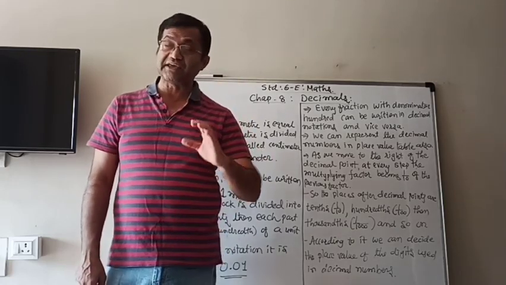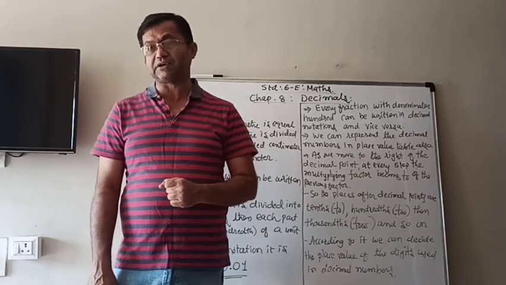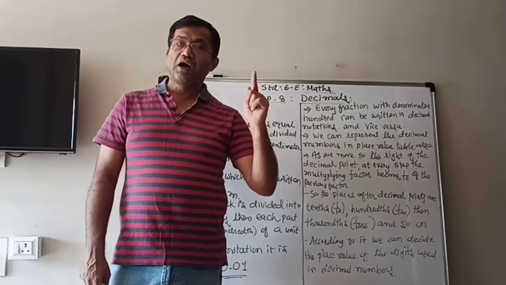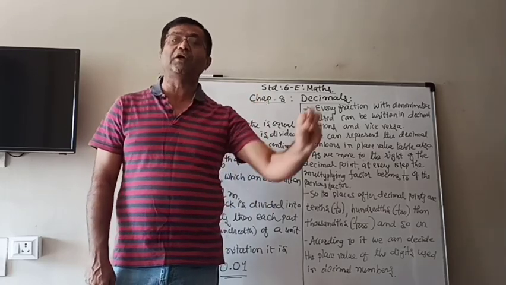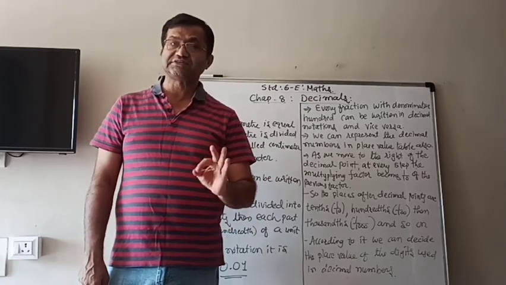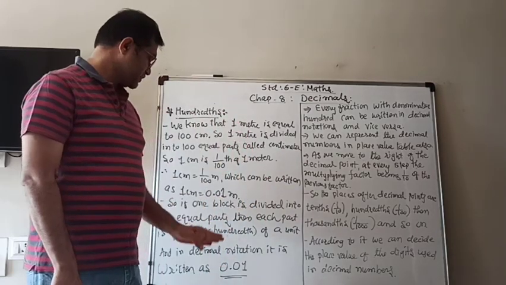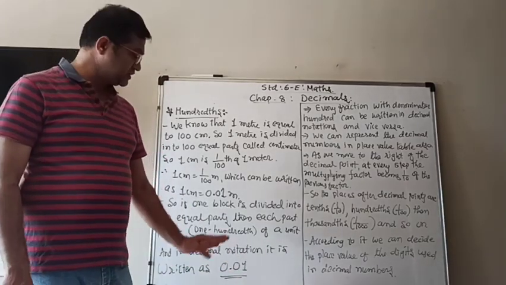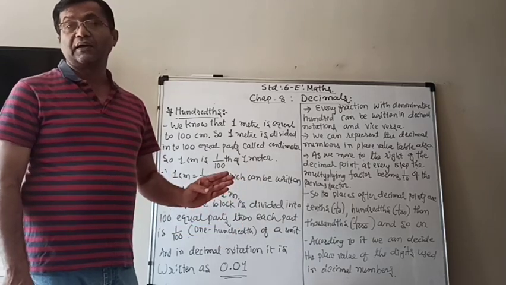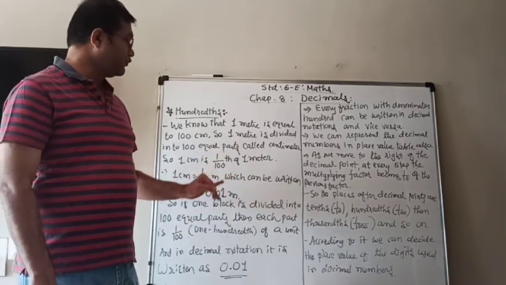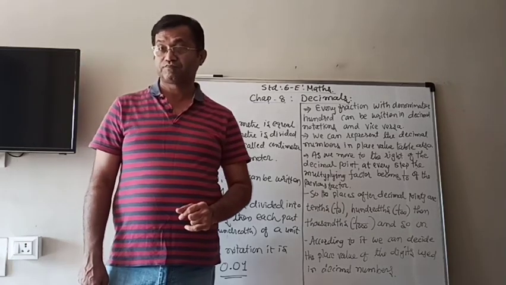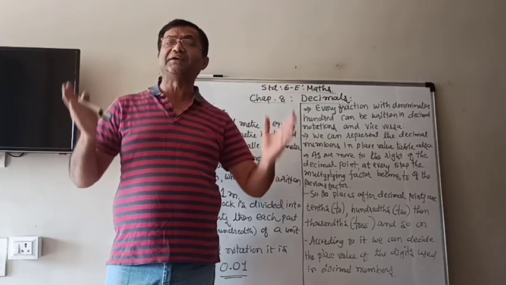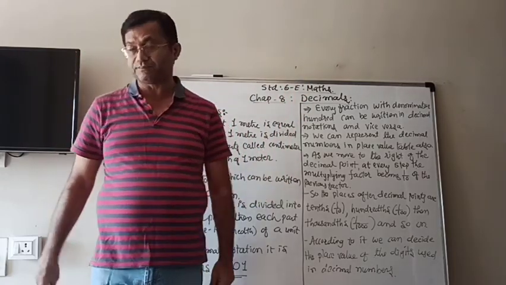As I explained in meter and centimeter, each part is 1/100th, and it is represented as 0.01. We read it as 0.01. And what is its value? 1/100th, because it is one part out of the 100 equal parts of the whole.